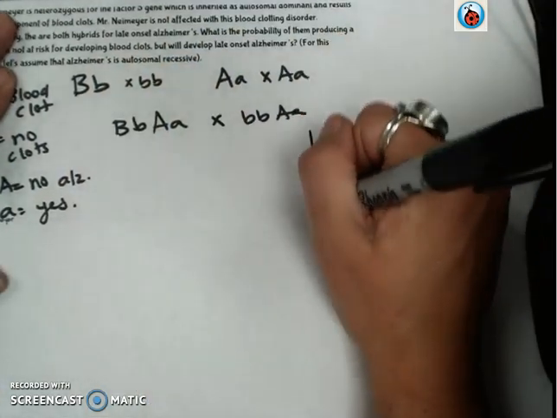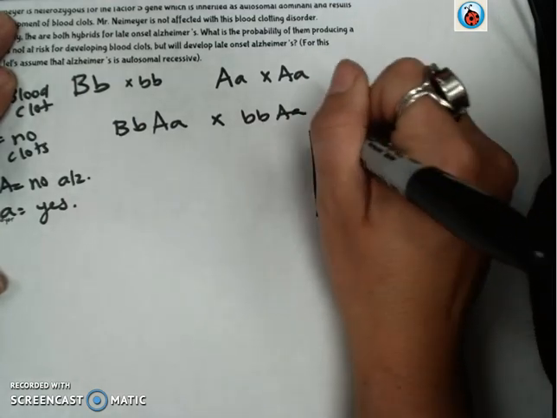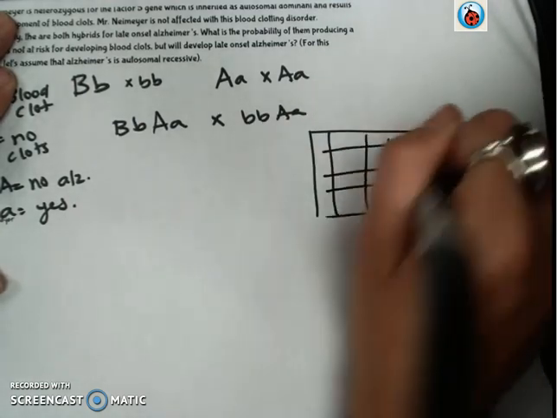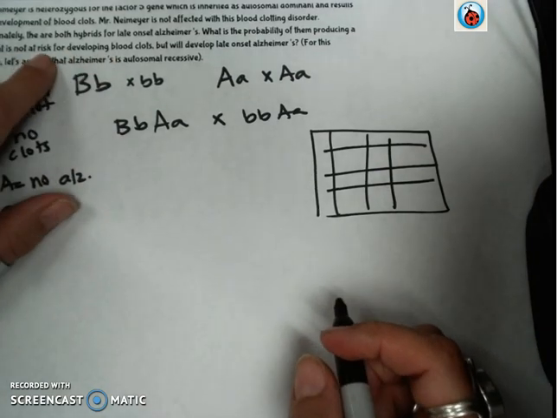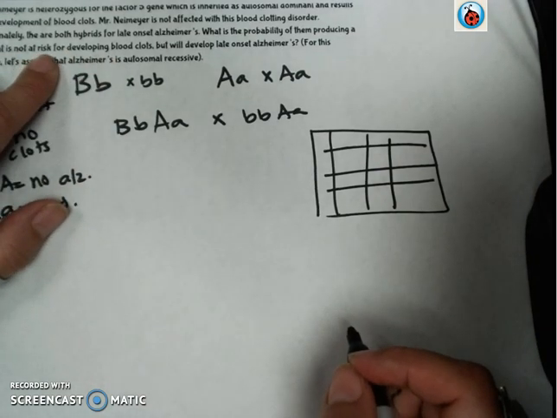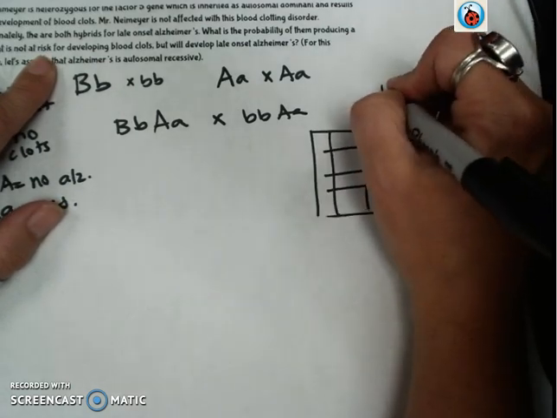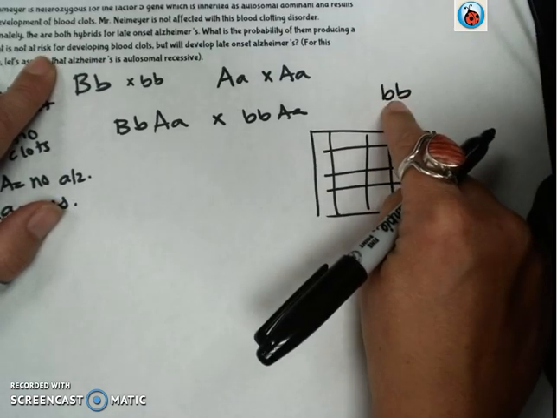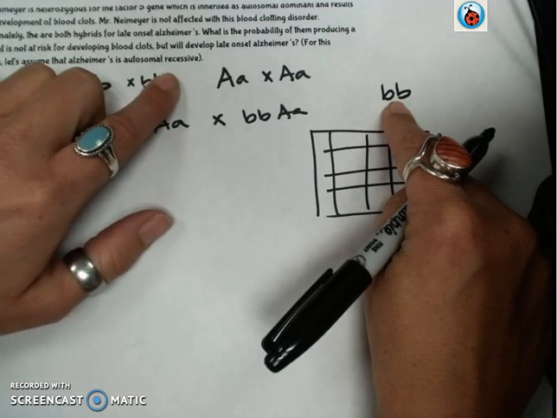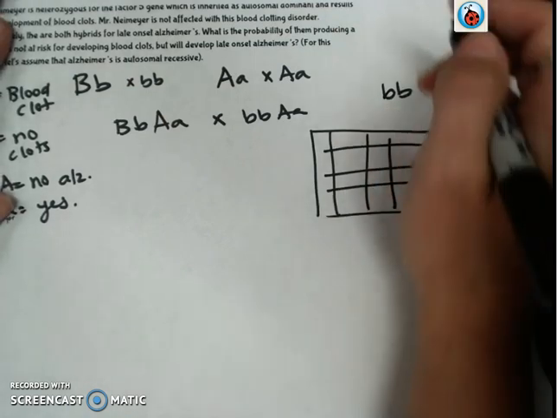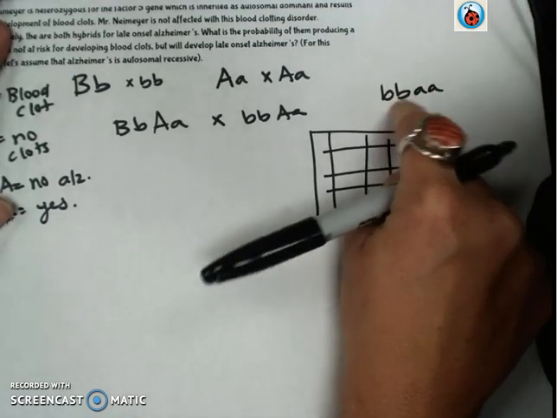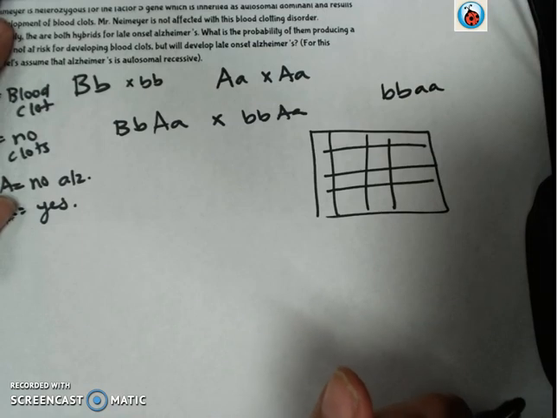So you would set up your big dihybrid cross with your 16 boxes, and you would look for any of the children who are not at risk for developing blood clots. So that means you would look for a child who is homozygous recessive for that, and you would look for one that will develop late onset Alzheimer's. So you would look for a homozygous recessive individual here.